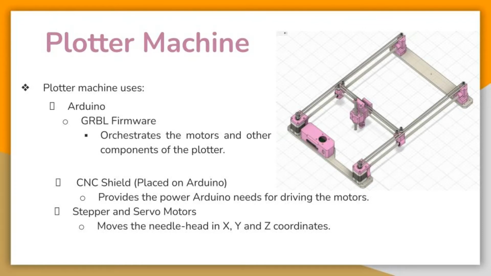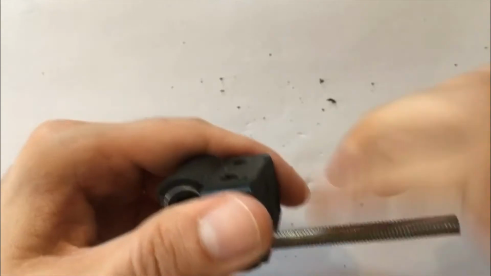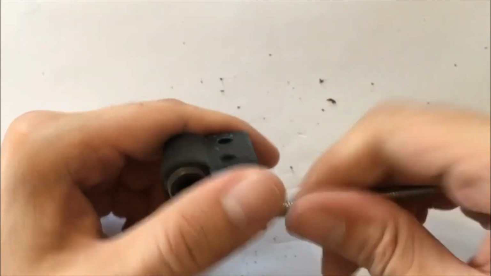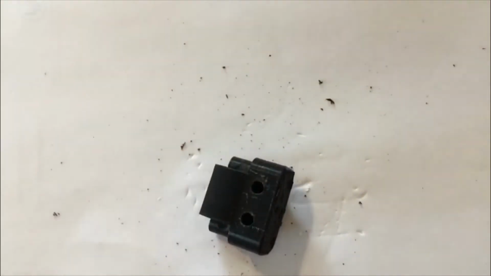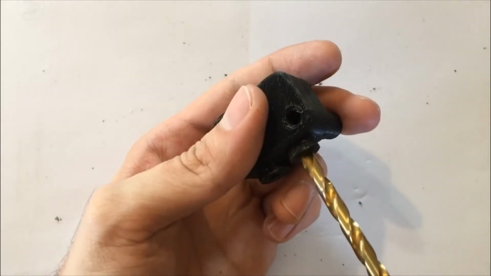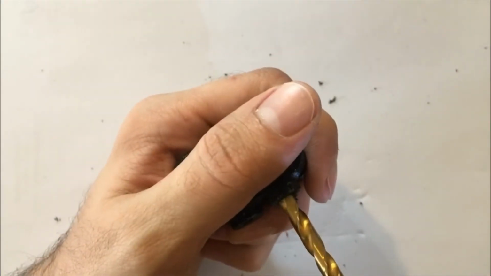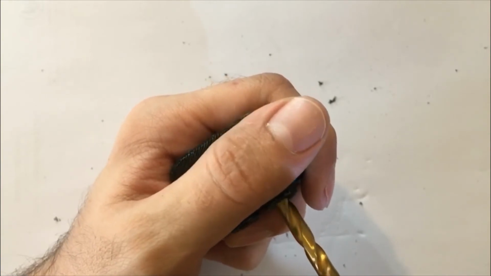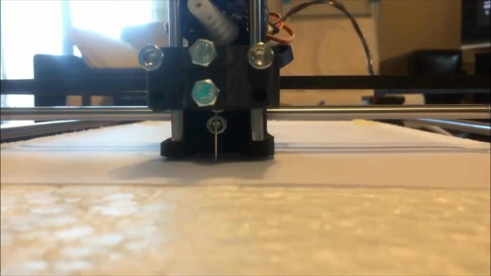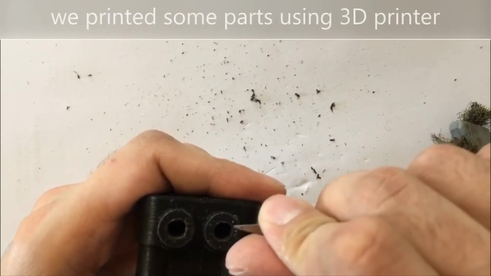While the CNC shield placed on top of Arduino I/O pins provides the power needed by the motors to operate. So the desired motif can be punched on the draft paper by these components of the plotter.